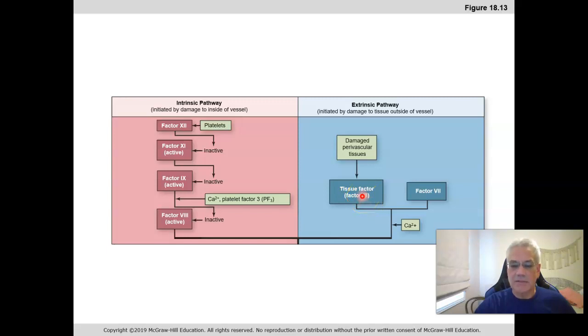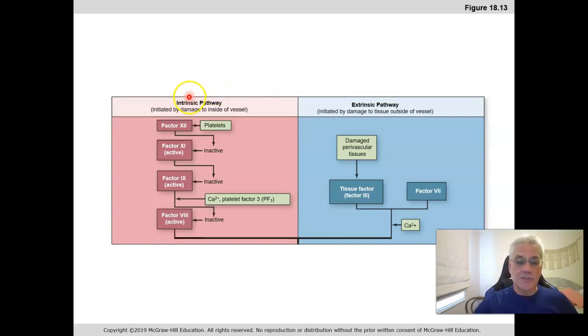Once that happens, factor 3 and factor 7 combine together, and they form a product along with calcium. And we're going to see in the next slide, this slide will continue down there. You'll see we'll get into the common pathway. So we have the extrinsic pathway, the intrinsic pathway. They both lead to the common pathway that results in fibrin formation. I want to emphasize that point.